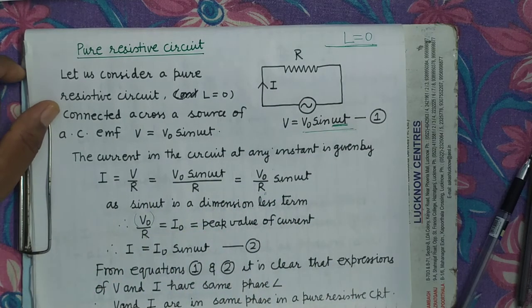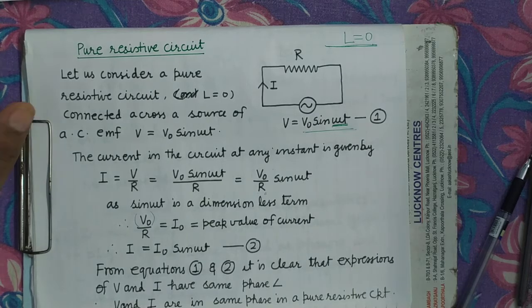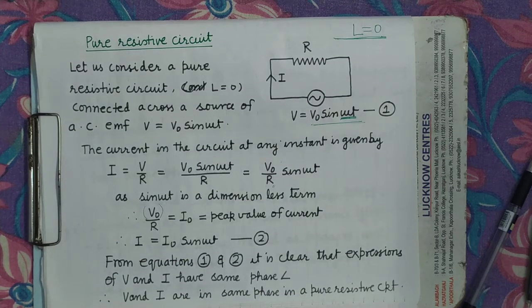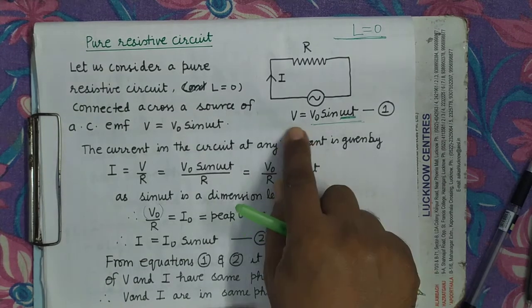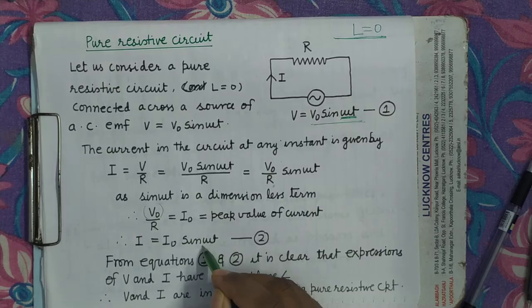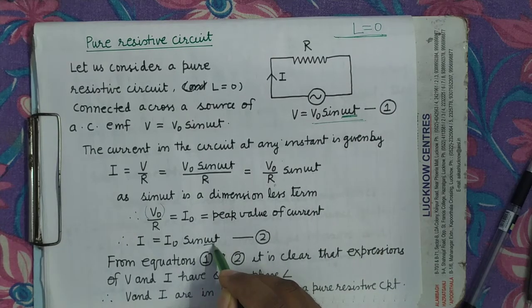So the current expression in a pure resistive circuit is I equals I naught sin omega t when the alternating voltage applied is V equals V naught sin omega t.